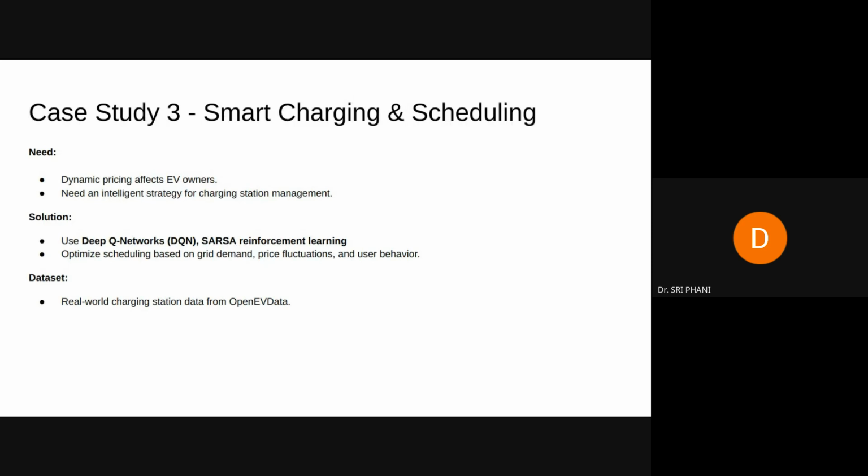Another thing is smart charging and scheduling. We have taken one example of a charging station, with electric vehicles randomly flowing in. This is all in simulation only, not in the physical world, but the previous data sets are from the real world.